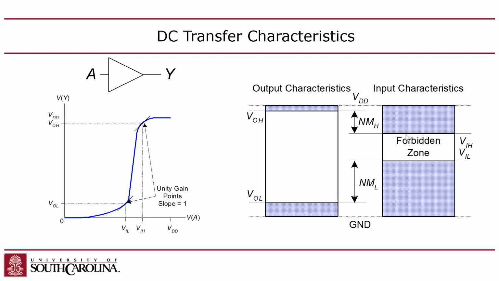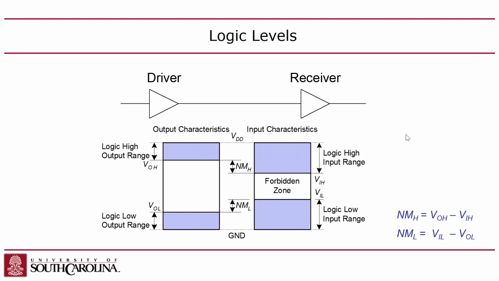That's the noise margin low, right? And then the same thing with the high side, the input high versus output high. Does that make sense? Right. So as long as you have less noise than this noise margin, then things should work.